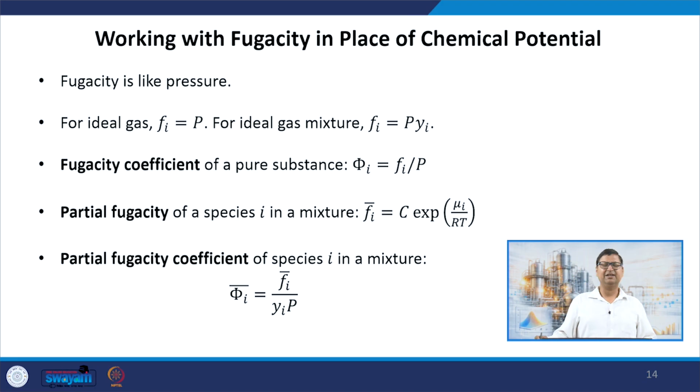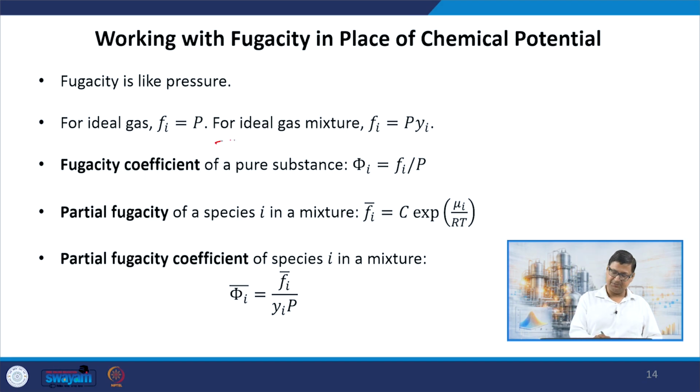In fact, for an ideal gas, the fugacity is equal to the pressure, but for non-ideal gases, the fugacity may depart from the pressure. It is some kind of a real pressure that you have in the system, or the pressure felt by the other components in the mixture because of the presence of one of the components, right? So, although it has a unit of pressure, it is not the same as the absolute pressure, except in the case of an ideal gas, right?